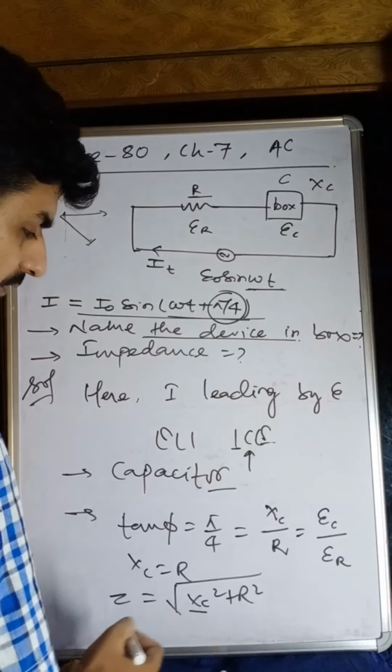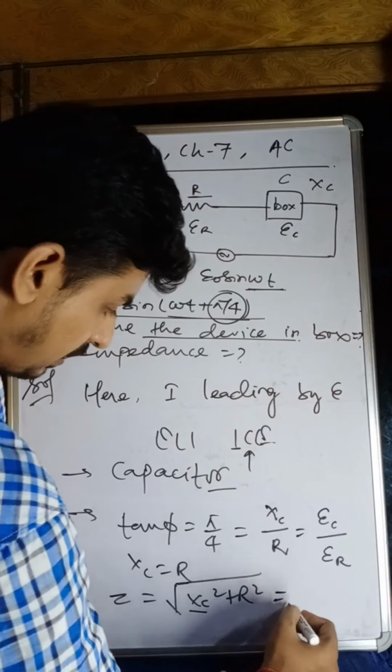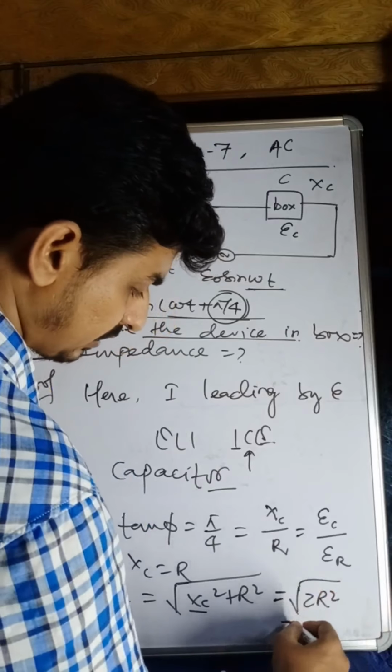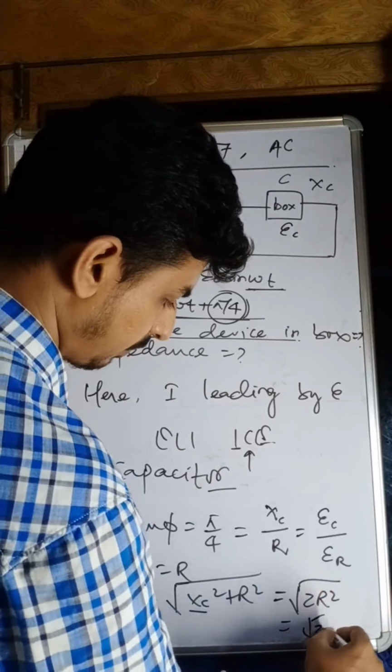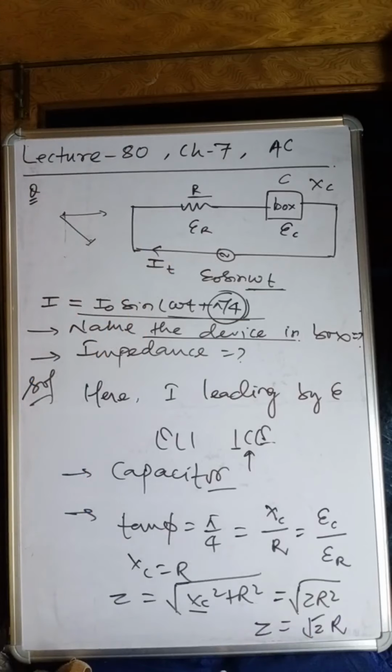Here we can put the value of XC as R, so this will be 2R square, that is, root 2 times R. This is the impedance, root 2 times R. Hope you understand this question, my dear friends.